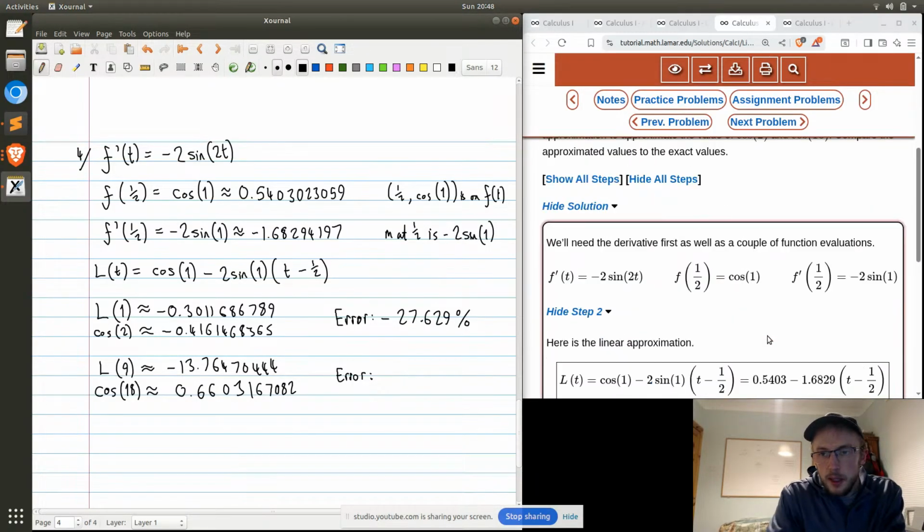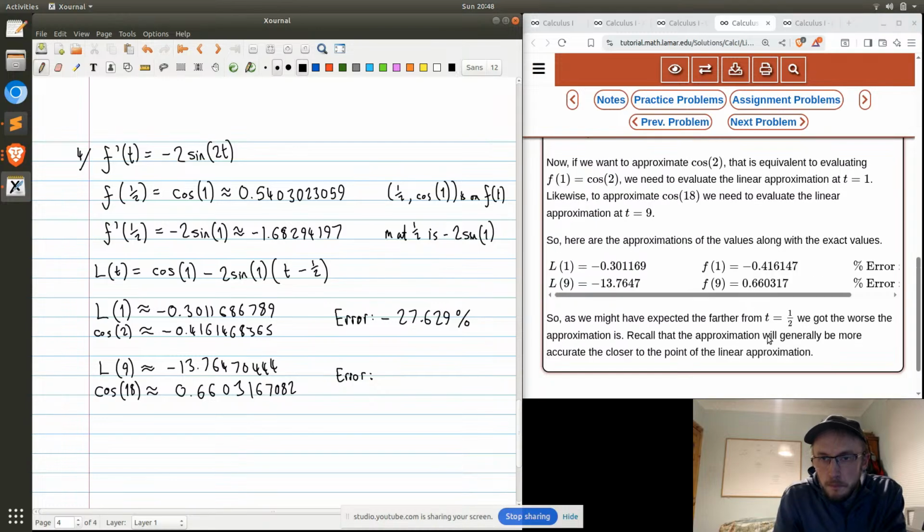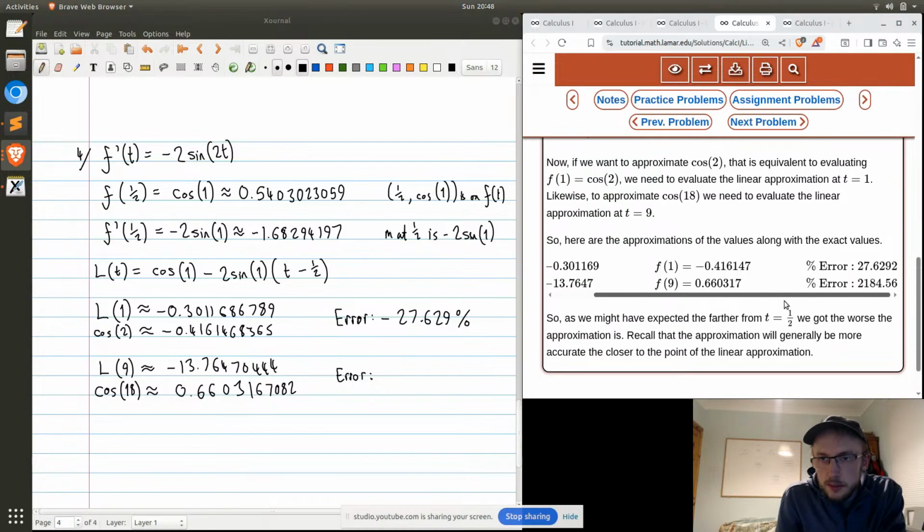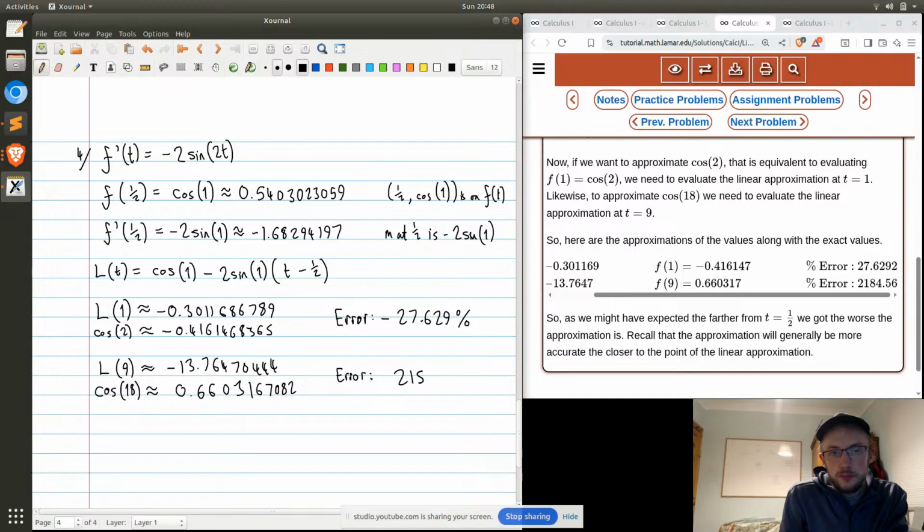Apparently. But let's see, how does he calculate? Okay, then he finds the absolute value of it. But I think having a sign is an advantage because you get to see what direction the error was made in. And of course, this one is absurdly high. Colossal.